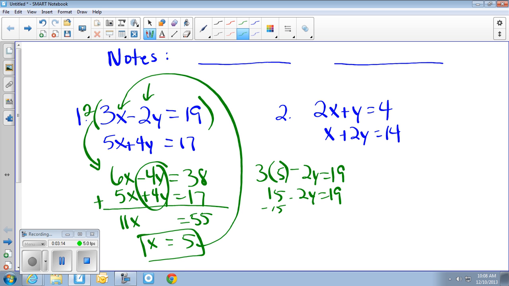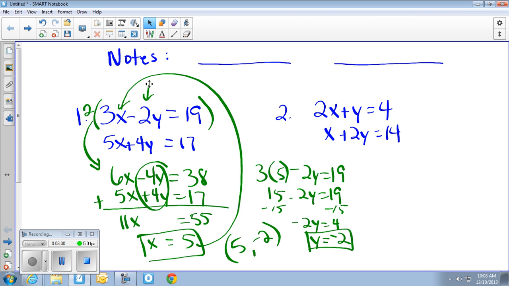I'm going to subtract 15 from both sides, and I get negative 2y is equal to 4. y is equal to negative 2. So then my answer will be 5, negative 2, and that's my solution to the system. Now at that point it looks very similar to what we were doing before. We just had to tweak one of the equations for this case to be able to eliminate one of our variables.